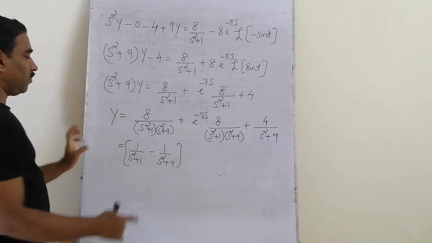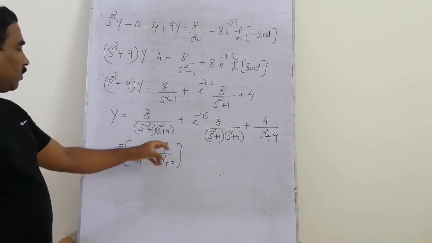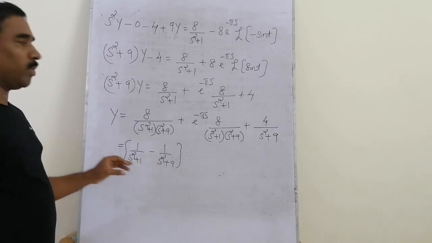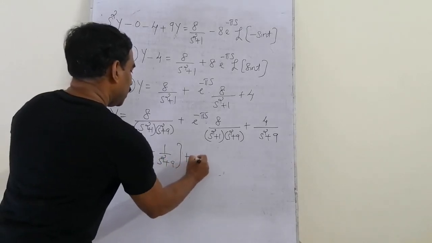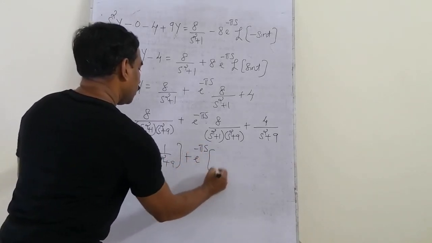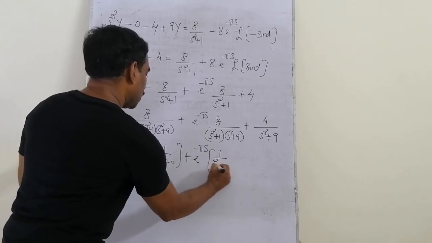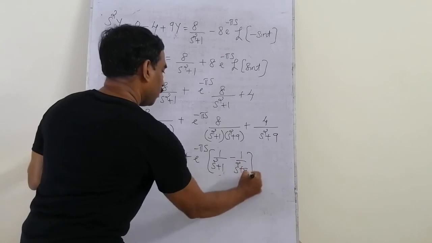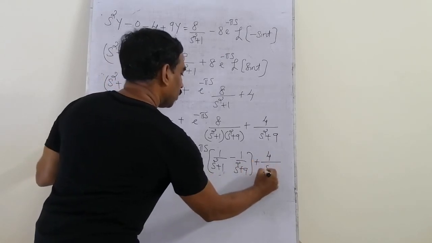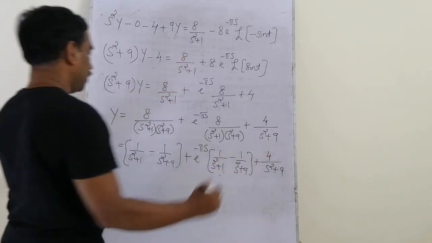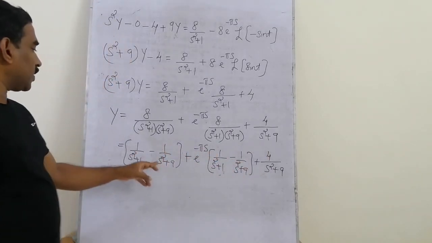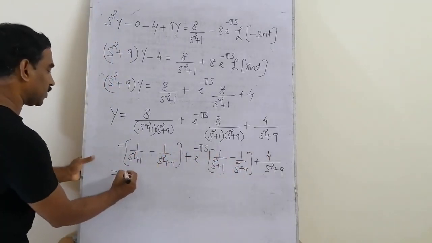Because after taking LCM we get s square plus 9 minus s square minus 1, that is 8 divided by the product of the denominators, plus e raised to minus pi s into, again, 1 by s square plus 1 minus 1 by s square plus 9 plus 4 divided by s square plus 9. So we can add the two terms, 4 by s square plus 9 minus 1 by s square plus 9, that becomes 3 by s square plus 9.